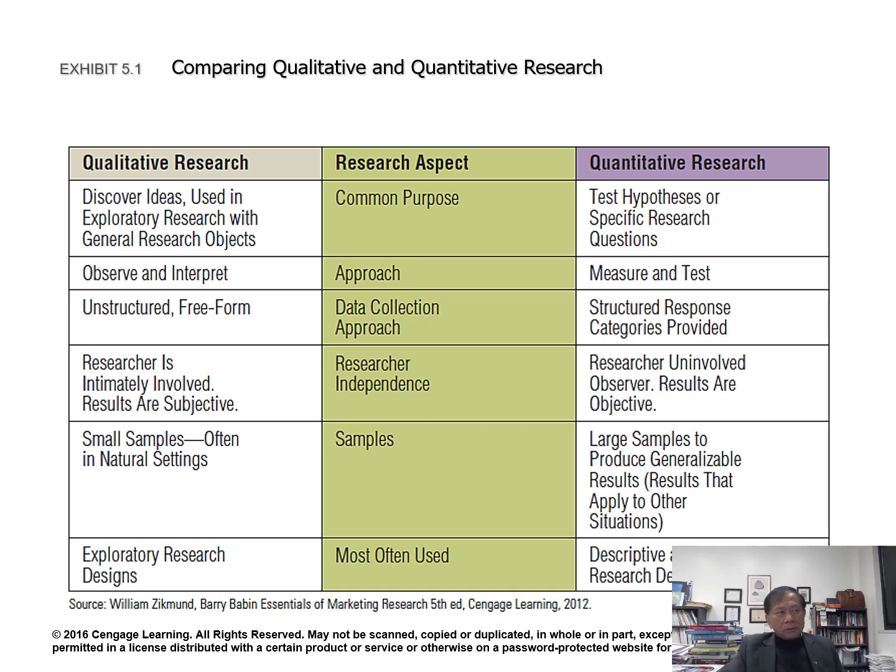As to samples, qualitative uses small samples, often in natural settings, while quantitative uses large samples that produce generalizable results that can apply to other situations. Qualitative research is most often used in exploratory research, and quantitative in descriptive and causal research.